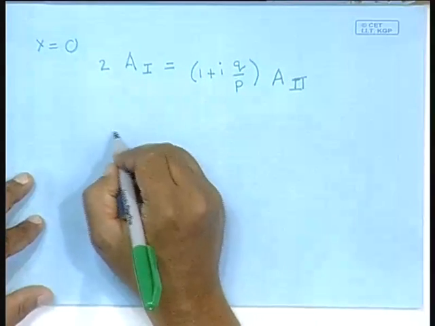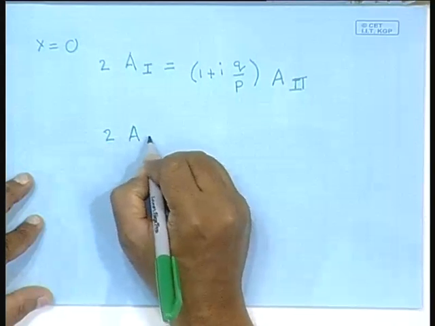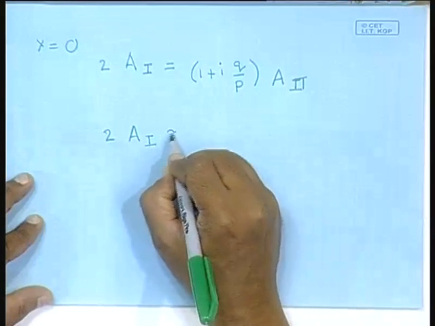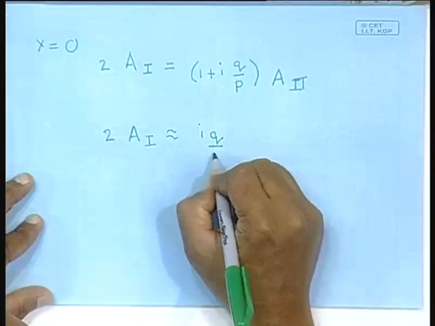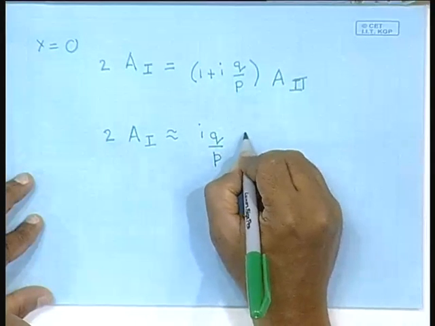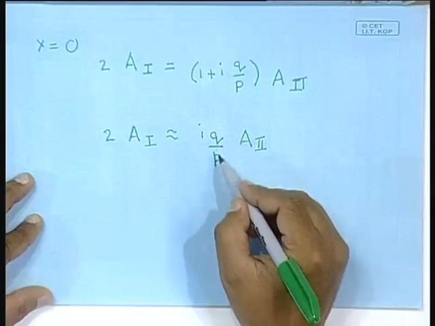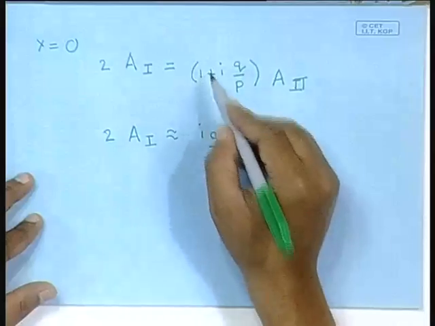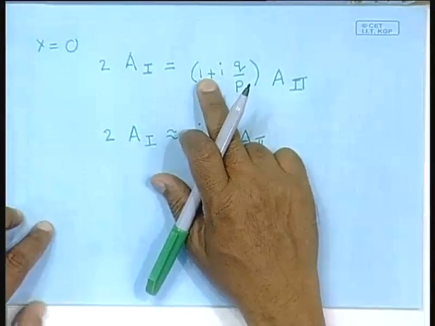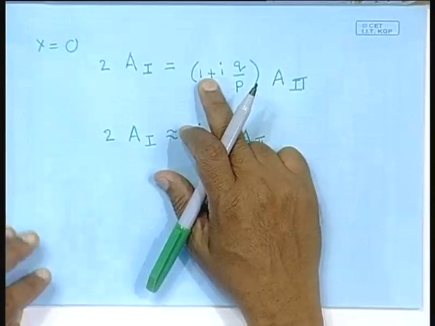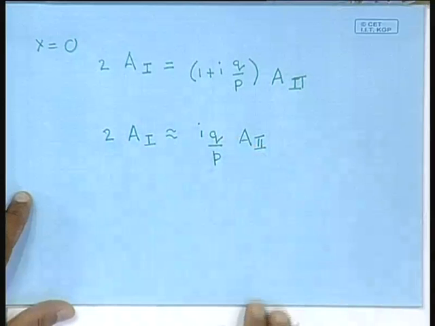So, what we get is that 2A1 is approximately equal to i q by p into A2. Because q by p is much greater than 1, we have ignored this factor 1 over here. Keeping it would not have made a big difference, it would just have made the algebra a little more complicated, but we can ignore it to the order of accuracy which we are working.